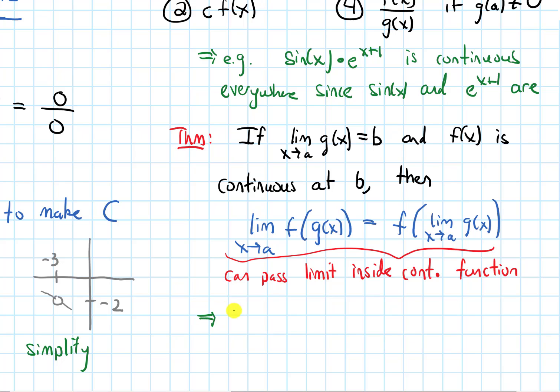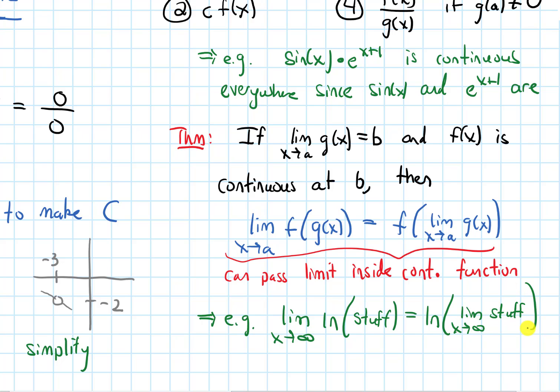As an example, if I needed to do the limit as x approaches infinity of ln of some complicated stuff, I can move that limit inside of the ln to get ln of the limit as x approaches infinity of that stuff, assuming that the limit of this stuff is a positive number, so that ln will be continuous there.